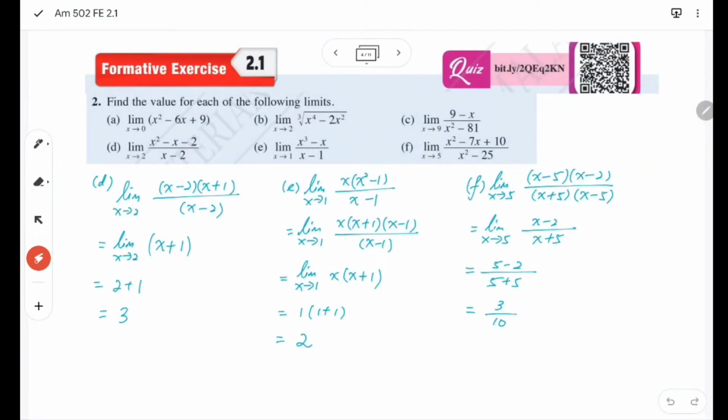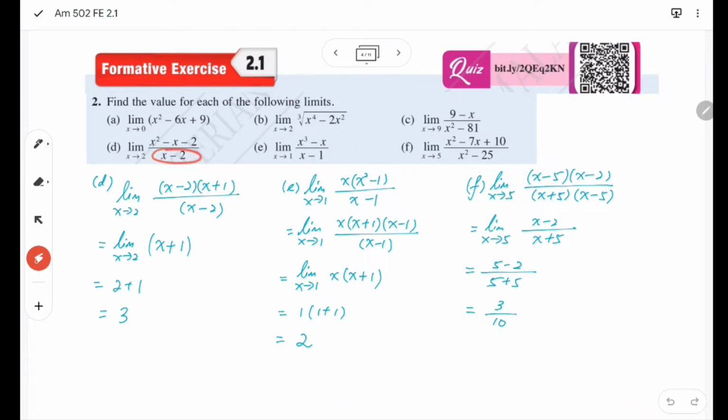D. The limit of x squared minus x minus 2 over x minus 2 when x tends to 2. If we substitute the 2 inside, we get 2 squared, which is 4, minus 2 and minus 2, we get 0 over 0. So we try to do factorization to see whether we can cut off the common factor. On top, x squared minus x minus 2, we can factorize it as x minus 2 times x plus 1.